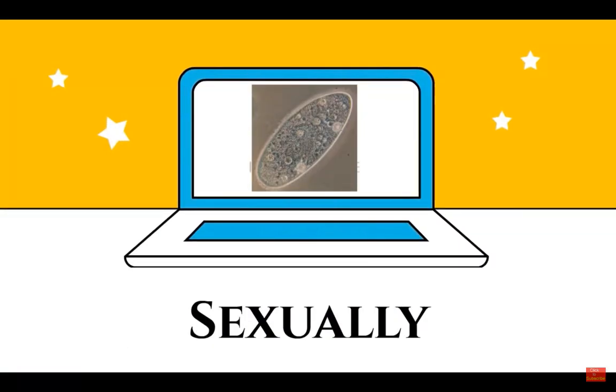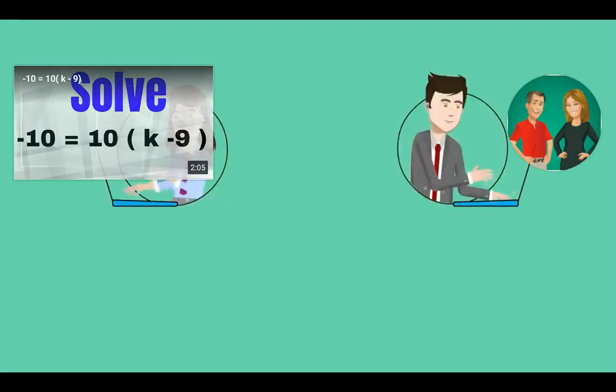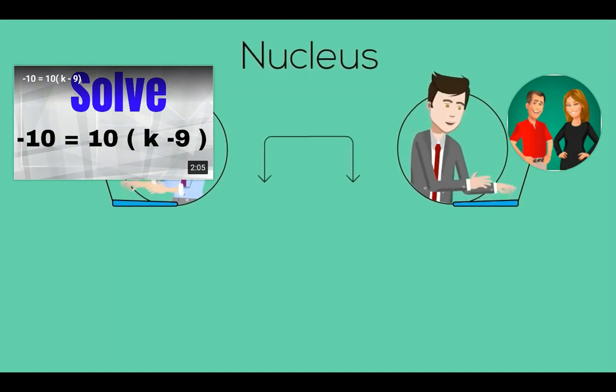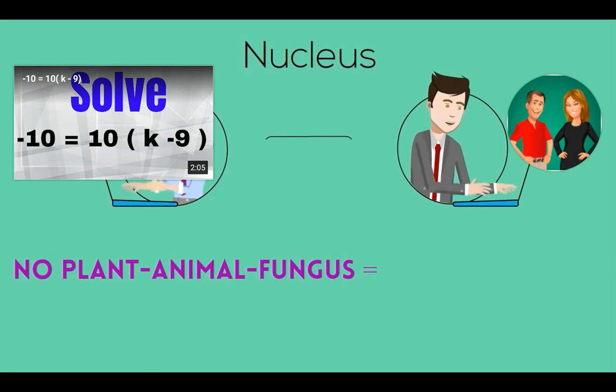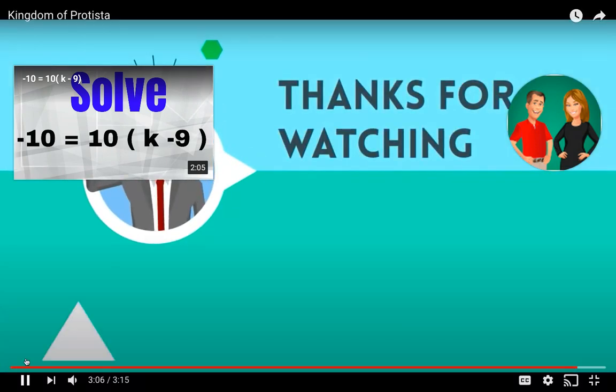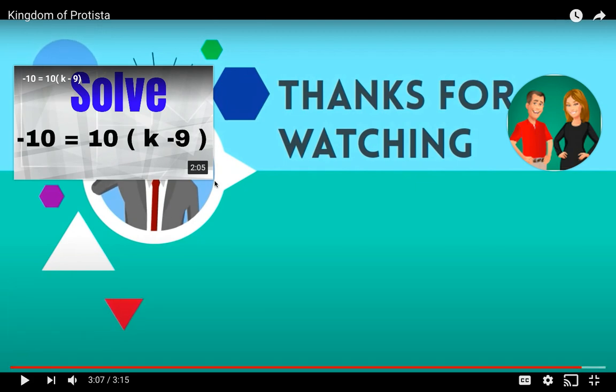Other protists reproduce sexually. Paramecium reproduce using conjugation. And then some protists reproduce both sexually and asexually. Paramecium is an example. In summary, if you have an organism with a nucleus that is not a plant, animal, or fungi, then you have a protist. Thanks for watching, and Moo Moo Math uploads.